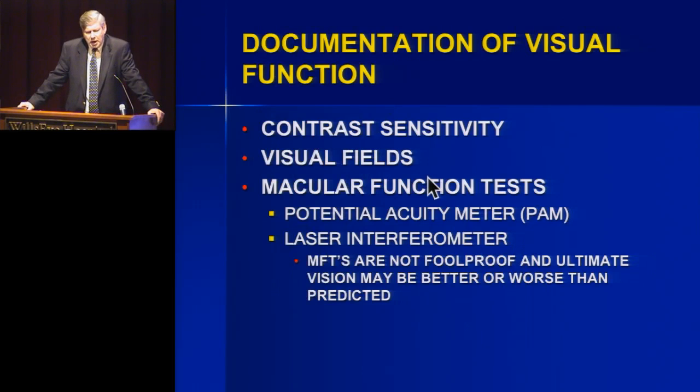Let's talk about some other documentation of visual function. Well, there's contrast sensitivity, but again, we don't have any standards by which to compare things, so that's not often done. It's also relatively difficult to do. Visual field testing is obviously something we do all the time and is primarily used in those patients for whom you're concerned that the visual acuity doesn't really match up with the density of the lens that you're looking at.